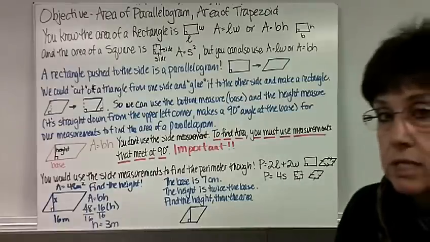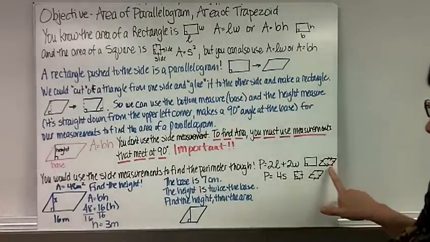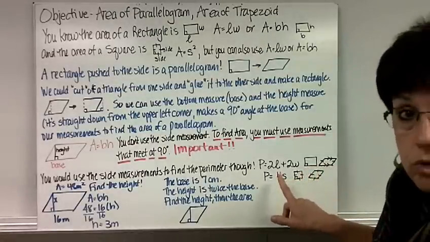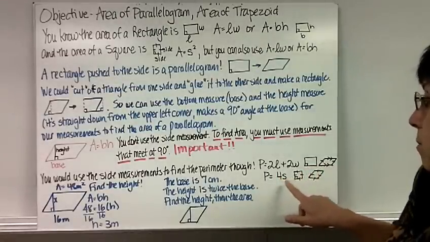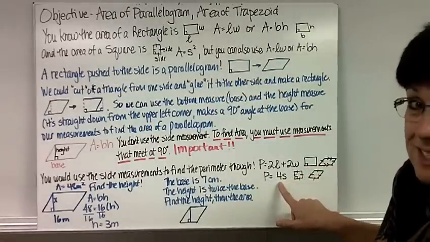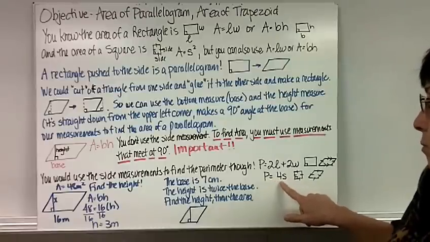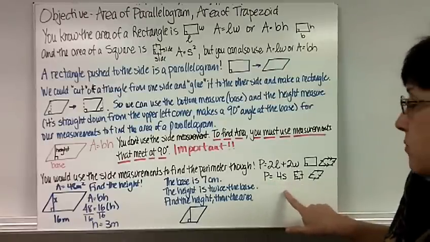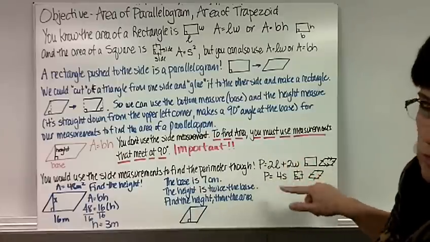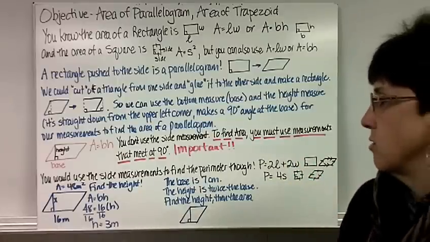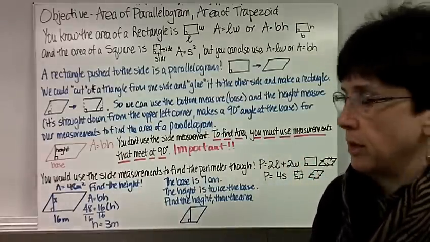That would be for a rectangle or a parallelogram, or you could use it for a square or a rhombus. But for a square and a rhombus, since the sides are all congruent, you could also say perimeter is 4 times the side measurement. These are supposed to be a review, so I'm not working on that too much. More just a little bit on area.